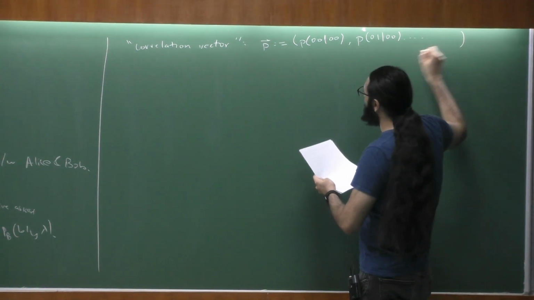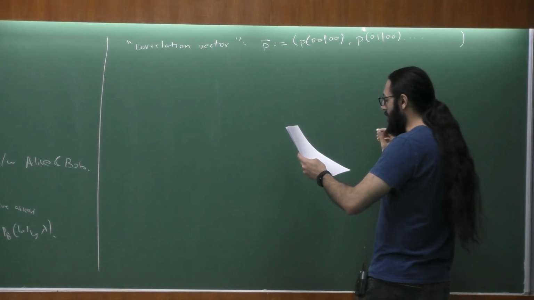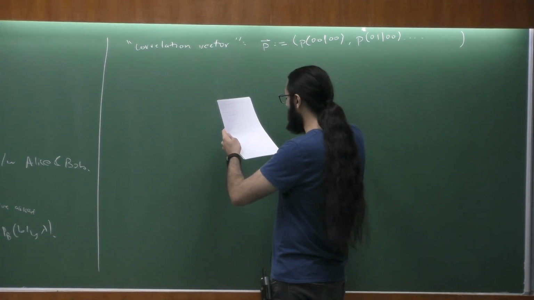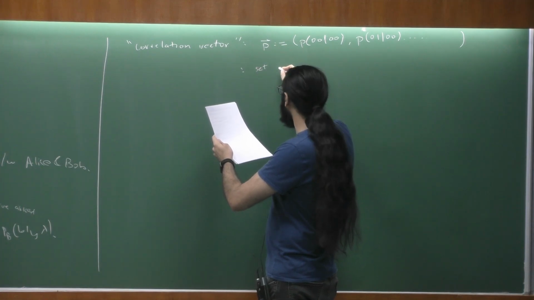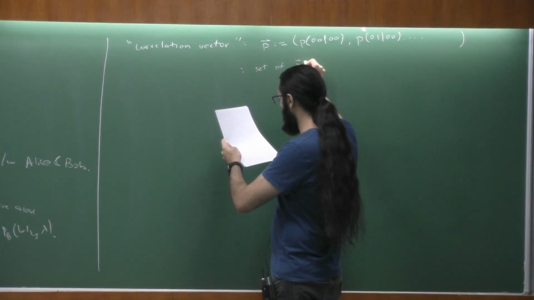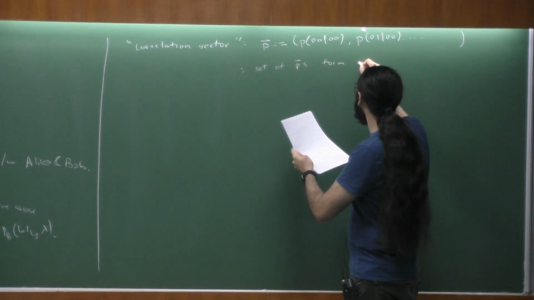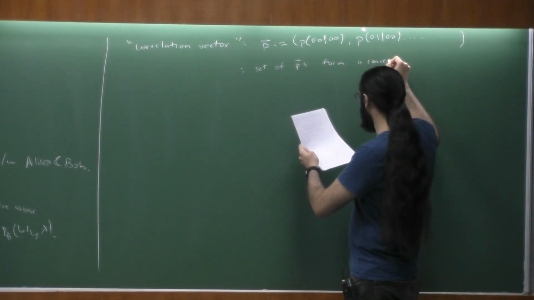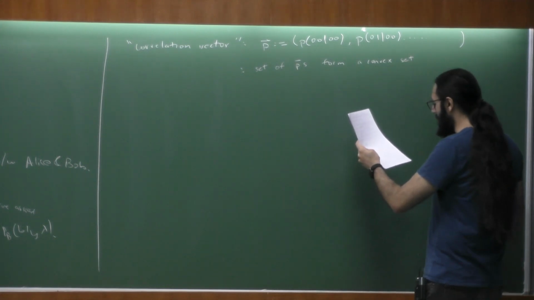So you basically vectorize this object. If you plot the set of p's in a sufficiently high dimensional space, it will form a convex set, because these are probabilities, so you can take convex combinations and they'll still be a probability.